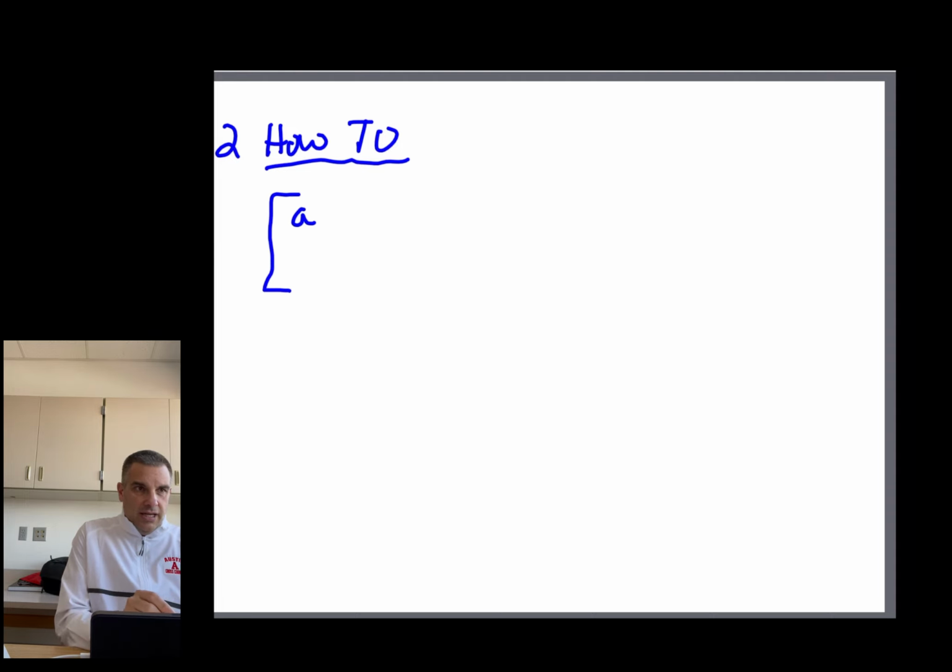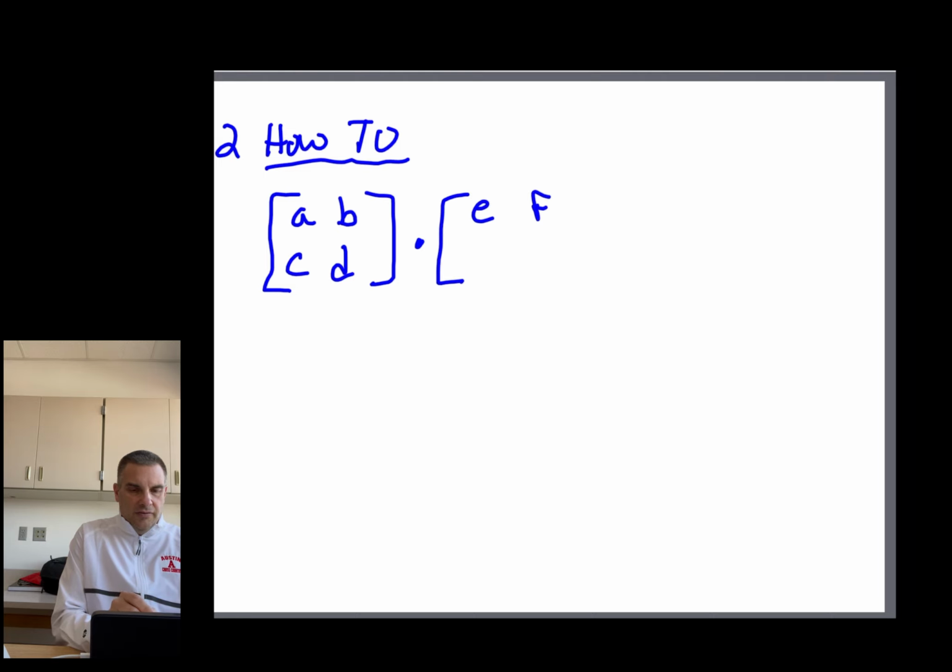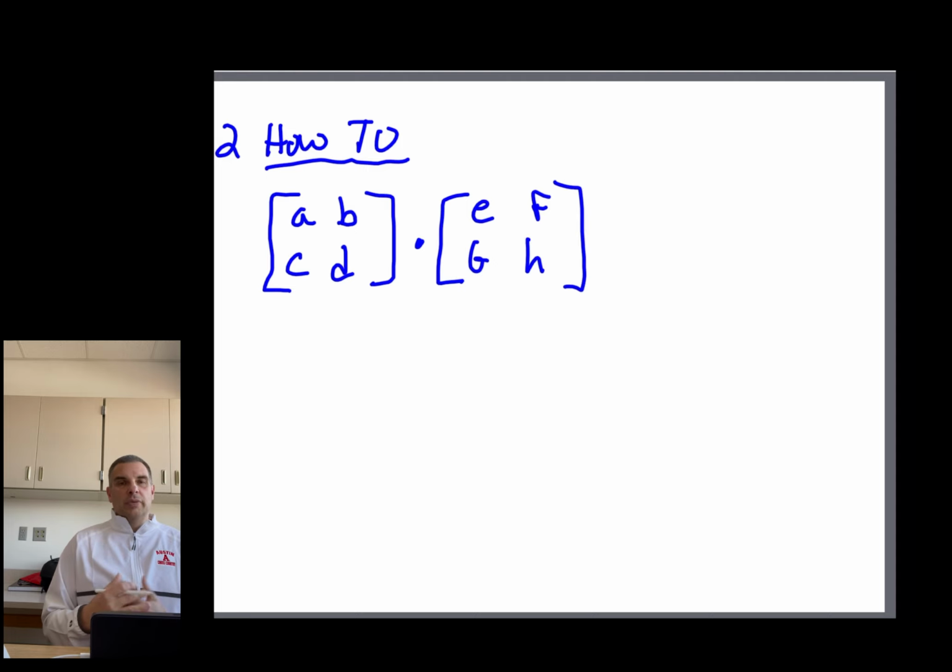Let's go with A, B, C, D. We're going to take A, B, C, D, and we're going to multiply it by E, F, G, and H. So we're going to multiply these two matrices together. First, dimensions: we've got a 2 by 2 and a 2 by 2.